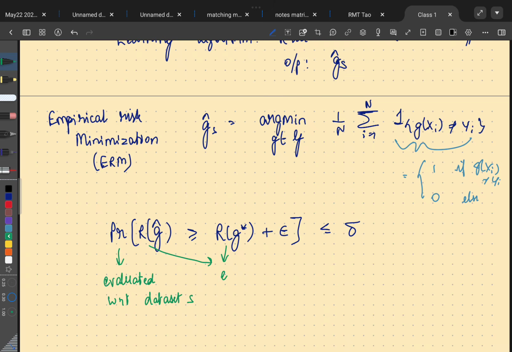But these probabilities are evaluated with respect to a new sample which is independent of the data set S, because you've already seen the data set. So what you want is to perform well on a new sample, and that's the challenge behind learning.